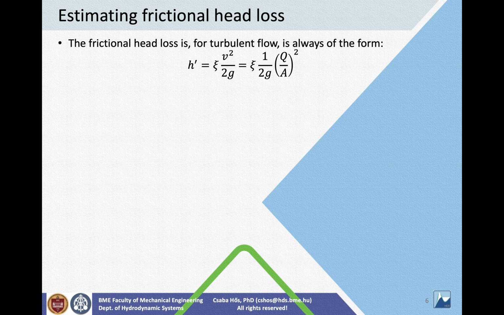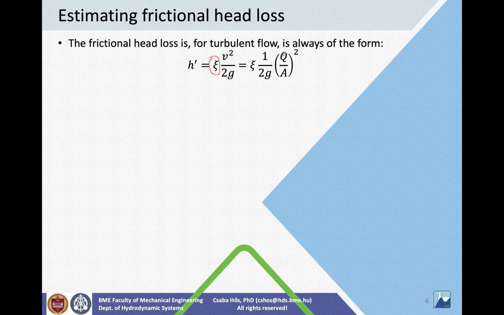Okay. So the frictional head losses for turbulent flow, which is usually the case in engineering cases, something we call a loss coefficient, zeta, times v squared over 2g. The velocity can be conveniently rewritten as the flow rate divided by the area.